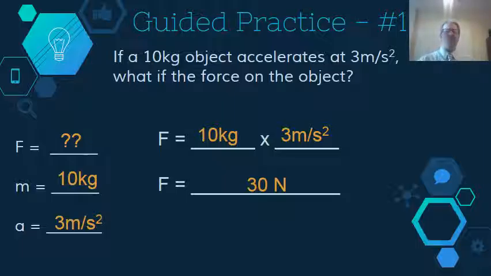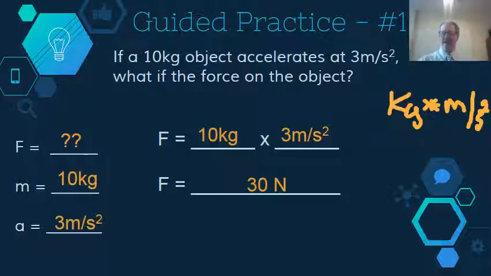So you might wonder, well, what is N exactly anyway? Well, N is equivalent to kg times m divided by s squared. So that's kind of a very long thing.